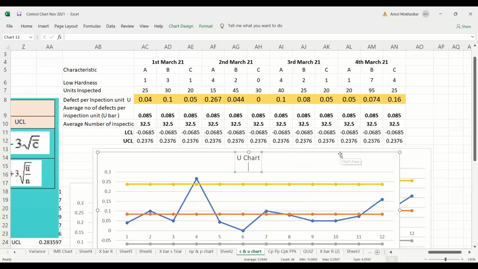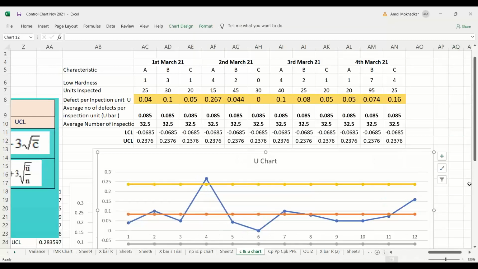Now you see, we have made it. Can you people find out any special cause pattern here? This is your initial chart. So can you find out any special cause? 9, 10, 11, 8, 9, 10, 11, right? Yes.